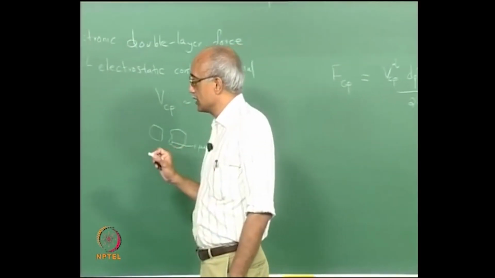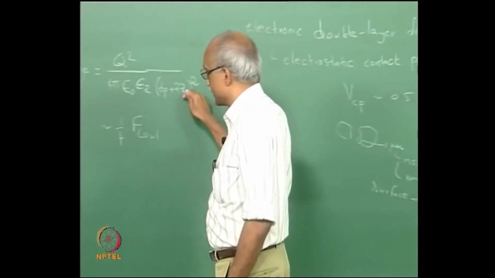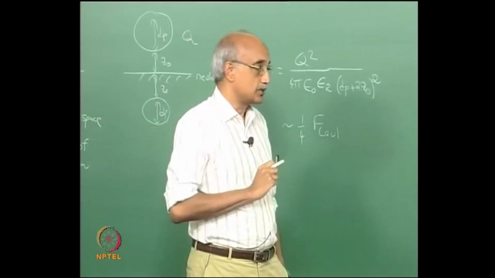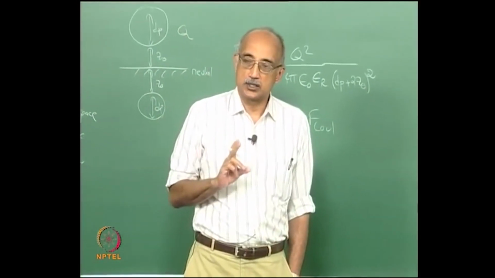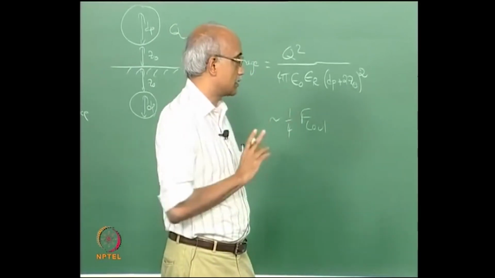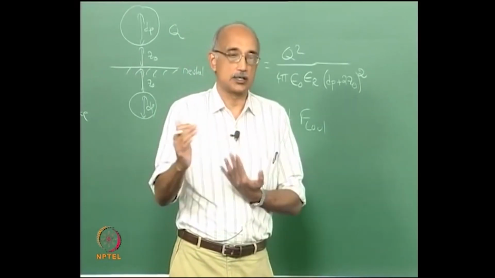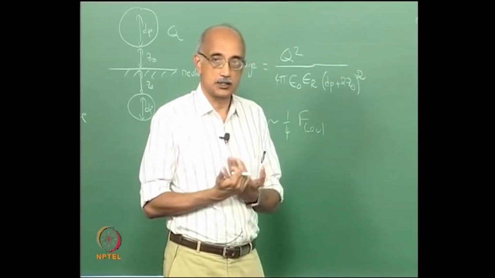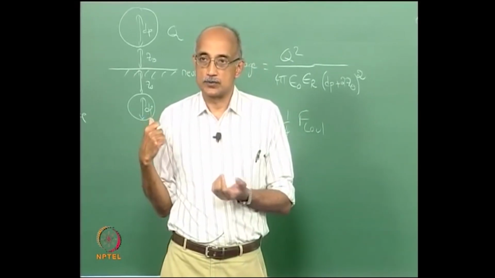But the difference here is that you have a z0 squared dependence, whereas in that case you have a z0 dependence. What that means is the contact potential force is an action at a distance. It can act over much longer distances compared to the Coulombic force.